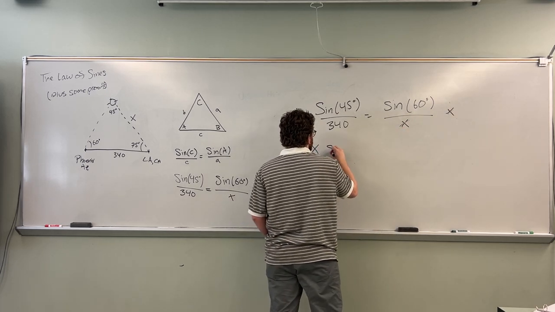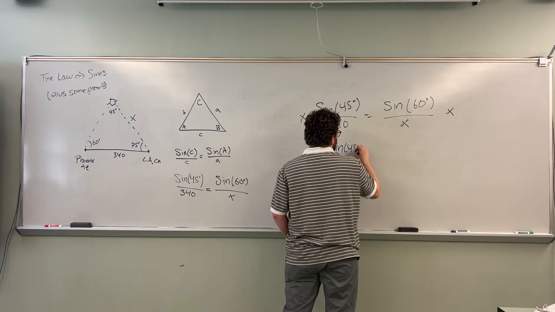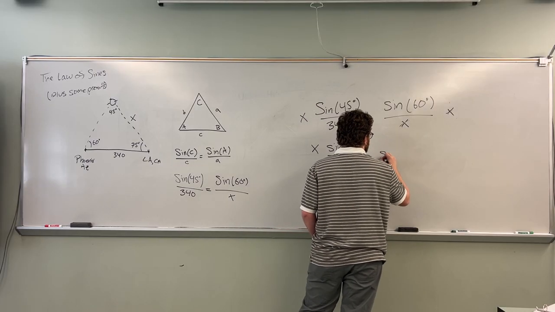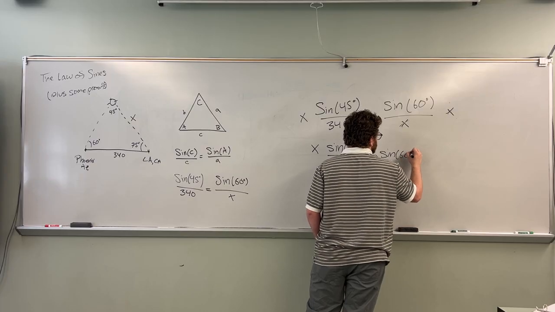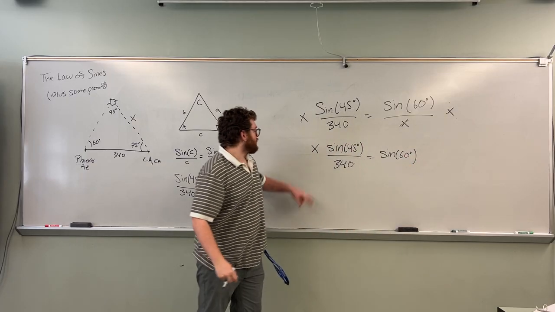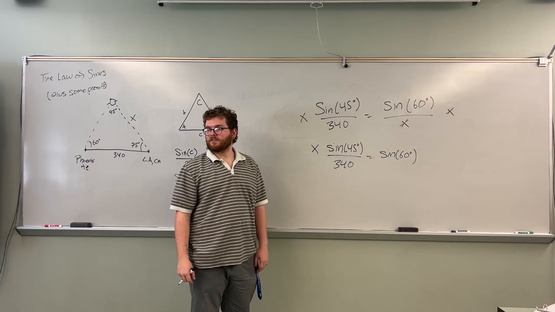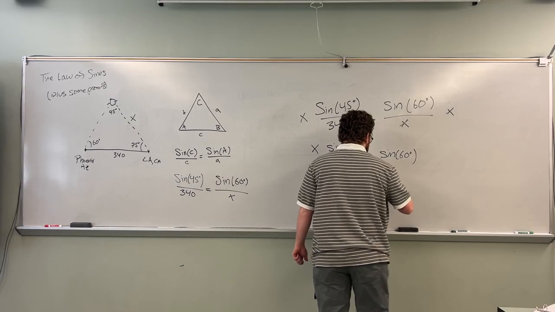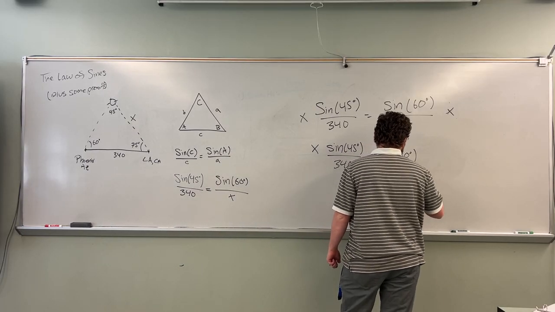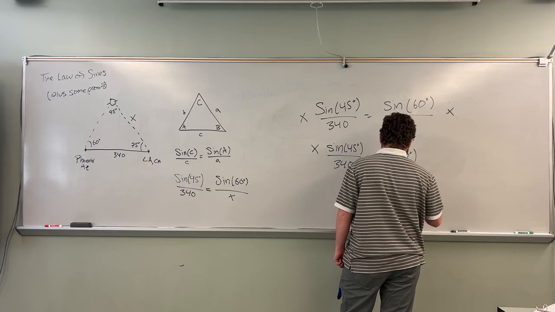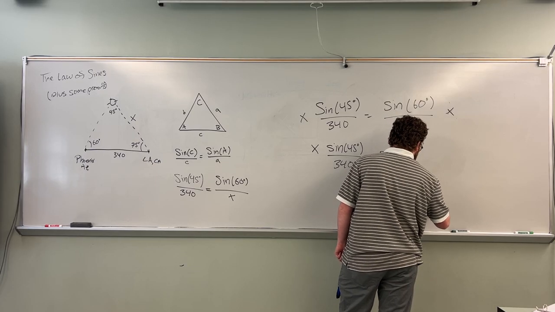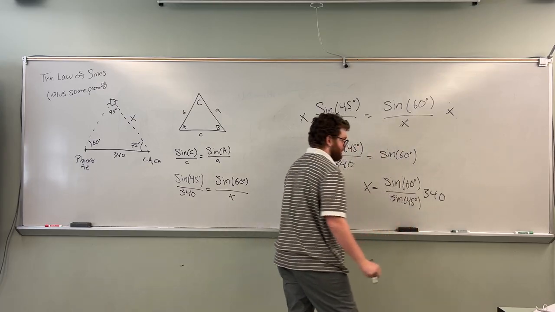I'm left with x sine of 45 degrees over 340 equals sine of 60 degrees. And then I just multiply by the reciprocal on both sides to get rid of this fraction. So I get x equals sine of 60 degrees over sine of 45 degrees times 340.